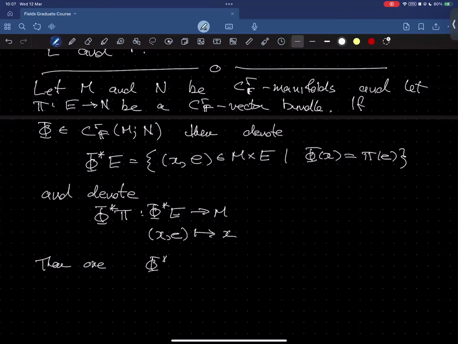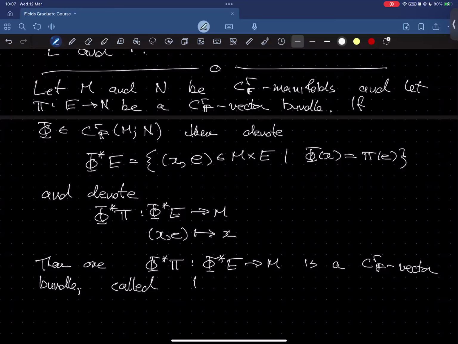Phi star pi from phi star E to M is a vector bundle, and it's called the pullback of E to M by phi.